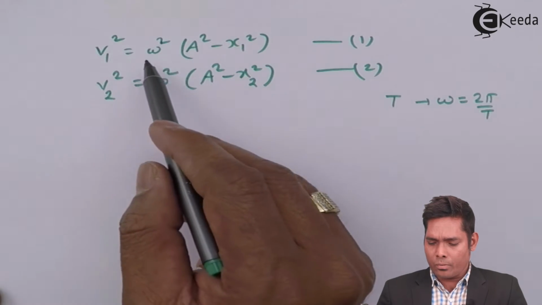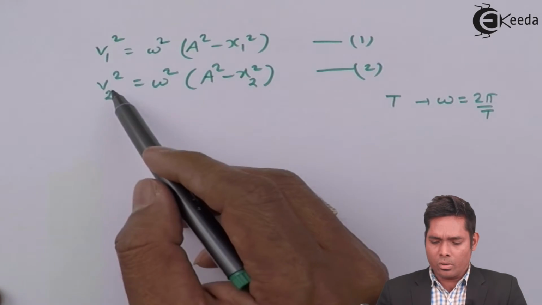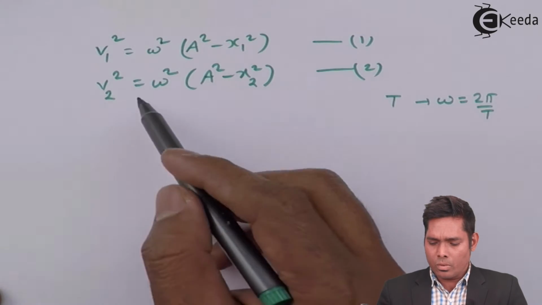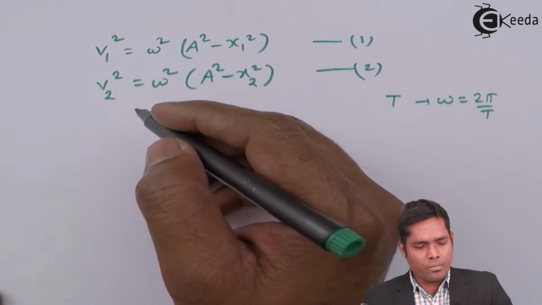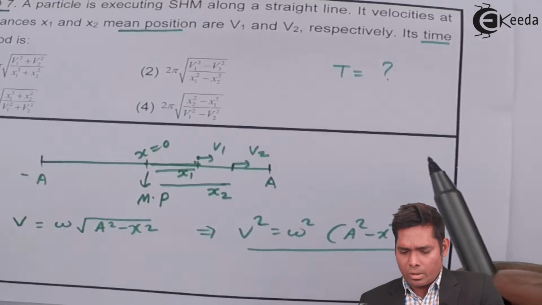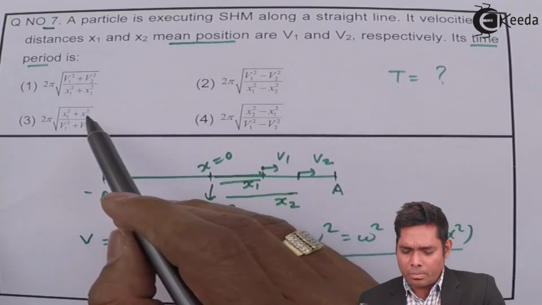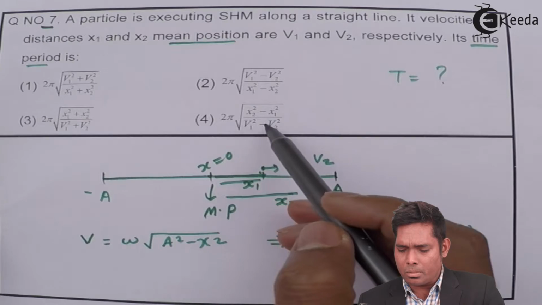So I have to separate omega from these two, so I'll just subtract these two equations. There is a possibility of addition and also a possibility of subtraction.